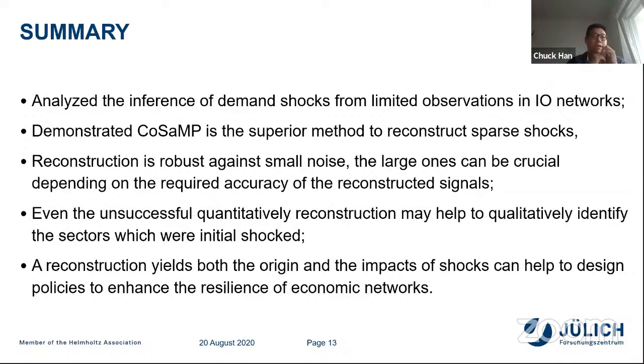And another thing that I didn't show in the presentation here is that even if we can't define the shock quantitatively, we can still find where it originated from. So we can define them quantitatively, and we hope to use both the origin and the impact of the shock to help policymakers enhance the resilience of the economic network.